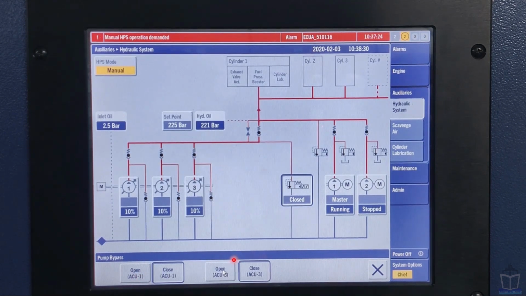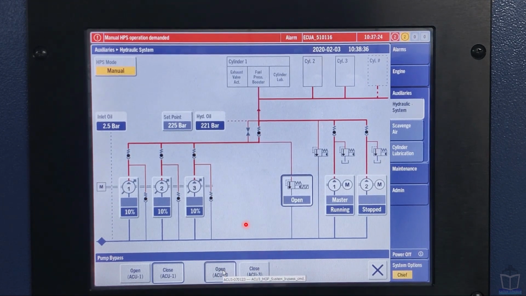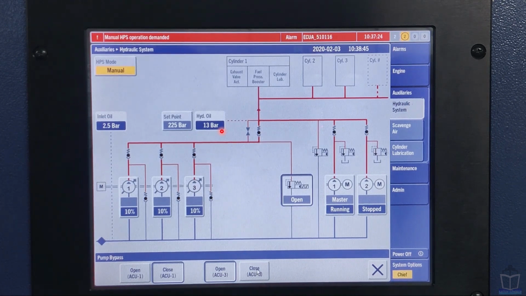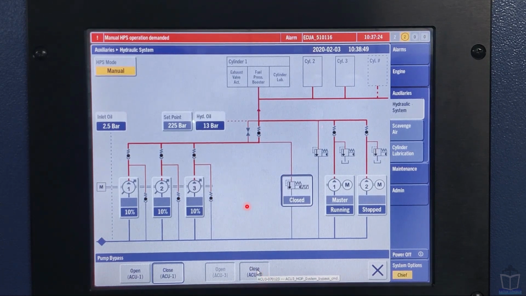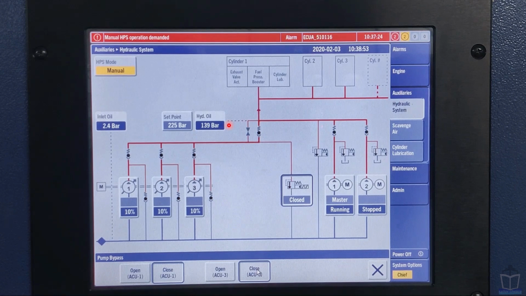Now check same with SU3. Again pressure is falling. Now after clicking this close, pressure has started increasing.